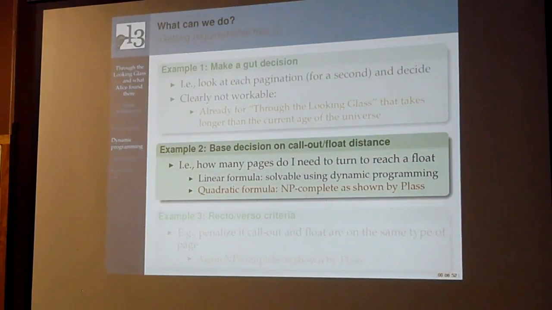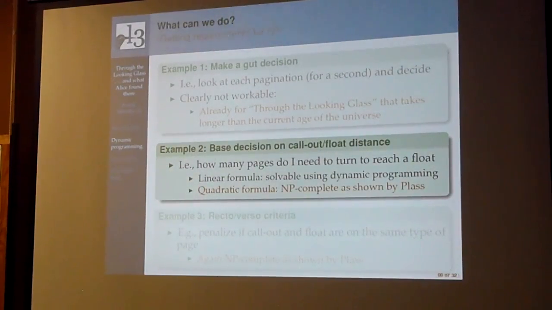Now, here we have an interesting result from the 80s. If we do this kind of solutioning and say a solution is better if the picture is nearby, then if we write up a formula which is linear, so for example we just count the number of page turns, then this is solvable in a reasonable amount of time. The time grows if the book or whatever gets bigger, but it goes quadratic, so it is not so bad.